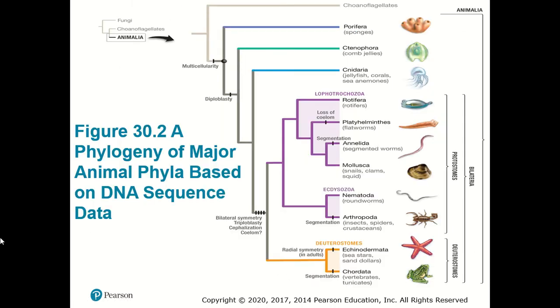So here we're looking at all of the animals in another version of the same phylogeny I showed you earlier. So again, the entire Animalia. Here we have the choanoflagellates, which are closely related to animals. They don't look like animals, but nevertheless they are closely related, at least genetically.